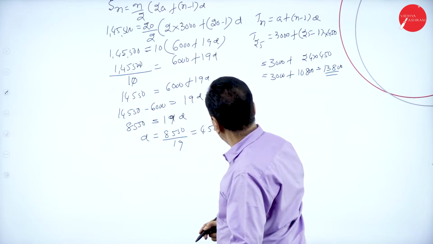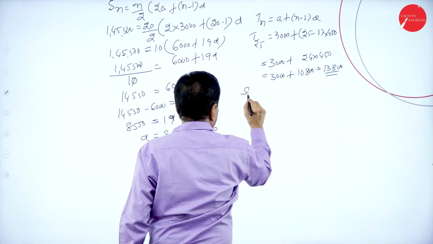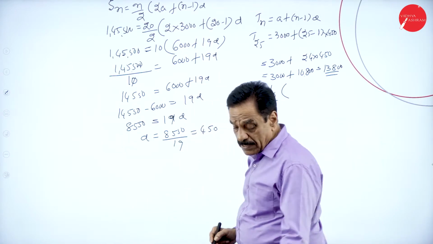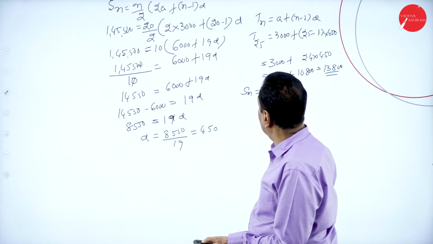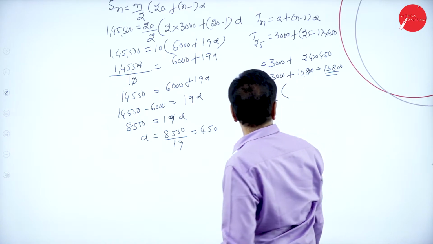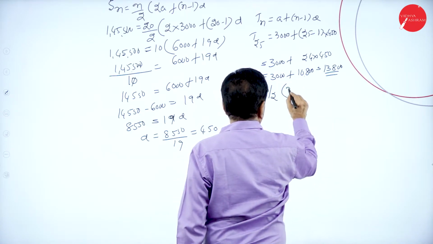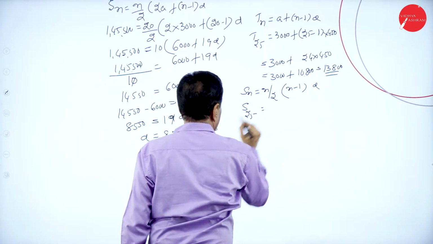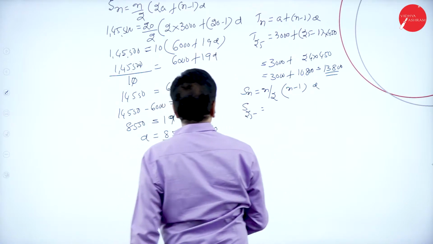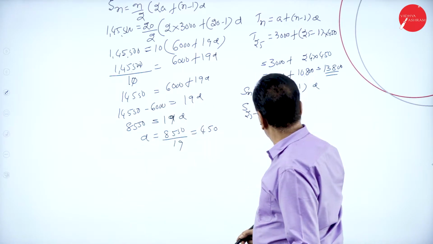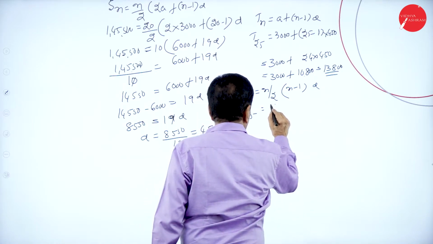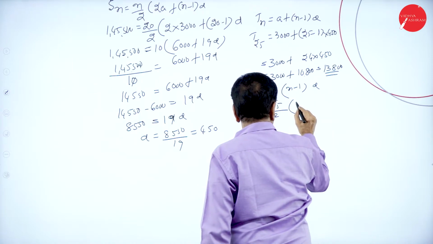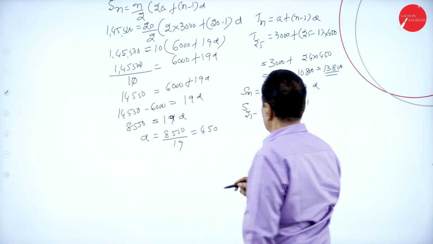Then summation. Sn is equal to n by 2 into 2a plus n minus 1 d. For how many years is he asking? 25 years. What's the total summation he wants? N is 25 years, divided by 2, and number of years is 25 minus 1.